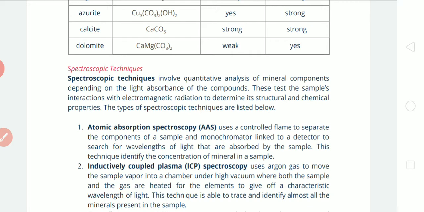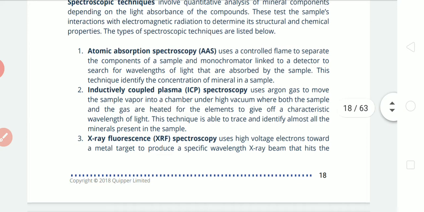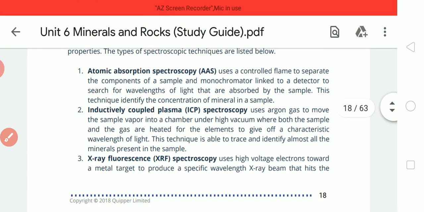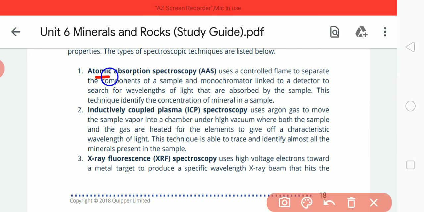The types of spectroscopic techniques are the following. First one is the atomic absorption spectroscopy, or AAS.